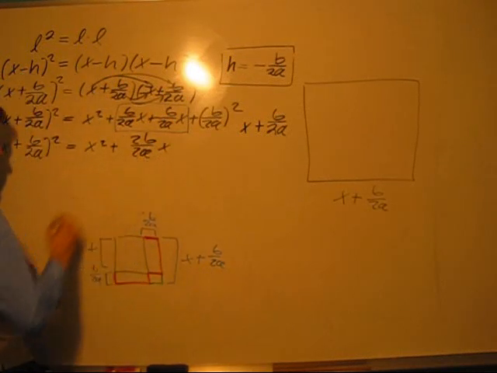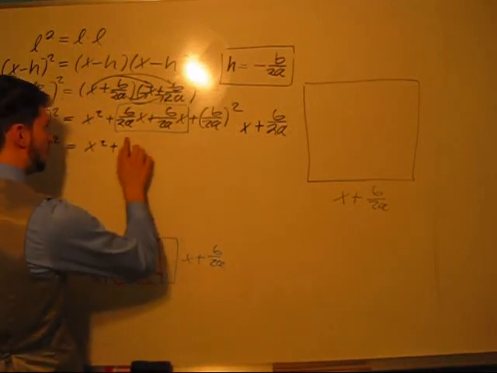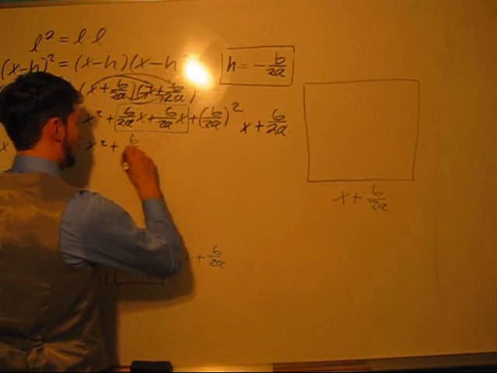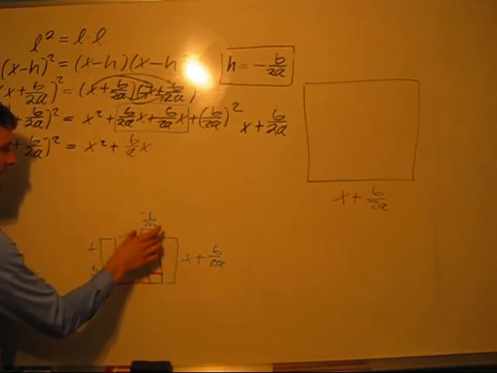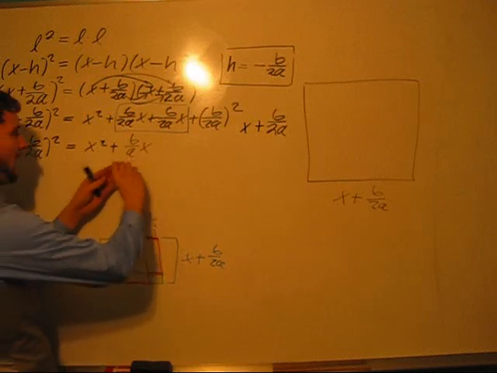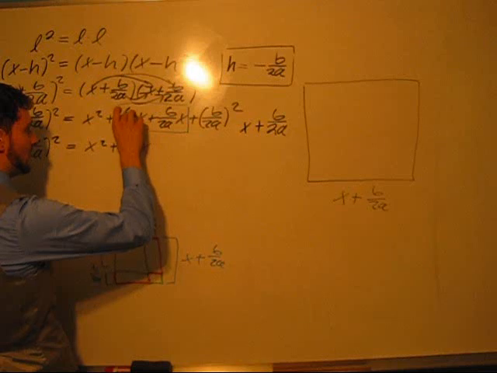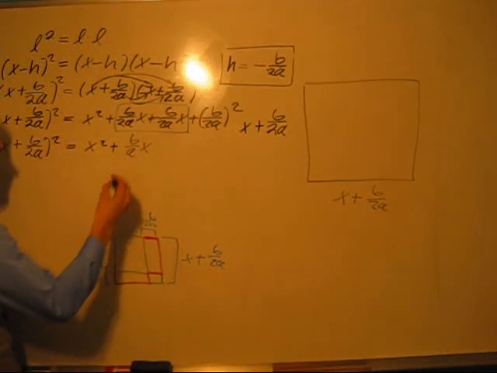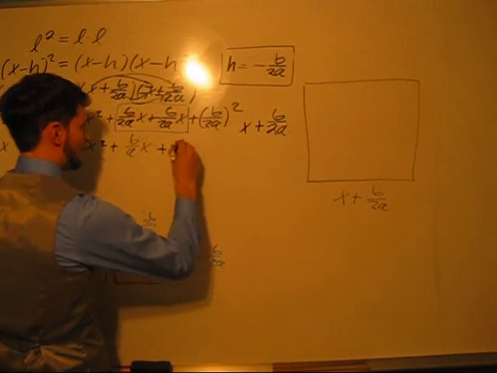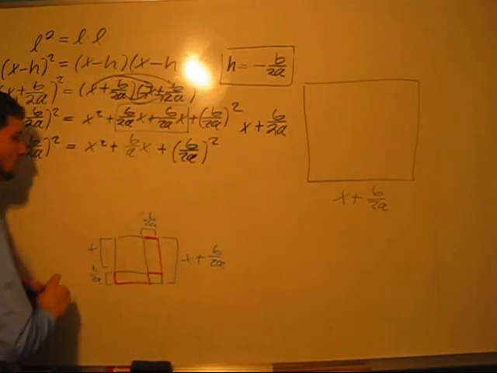We have a cancellation of coefficients here such that the result is b over a times x. But again, note that that doesn't change what we've got here. If we break this back apart, we still have two rectangles with dimensions b over 2a and x. This is just a variant of algebraic simplification. And so now it's plus (b divided by 2a) squared.